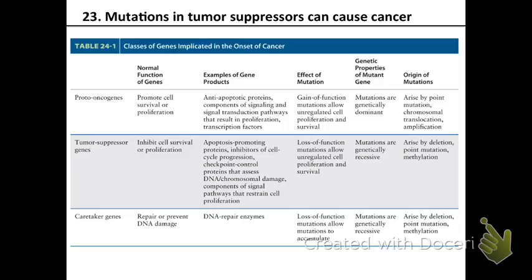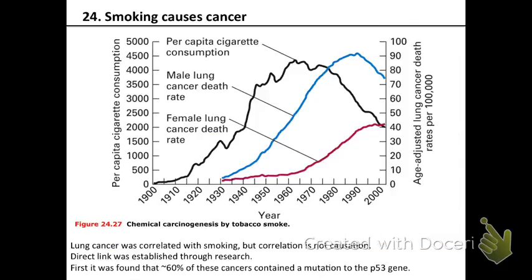So these tumor suppressors, if they by accident get mutated because there is not enough DNA repair or there's a lot of damage that completely overwhelms the DNA repair mechanisms, then again that can cause cancer.